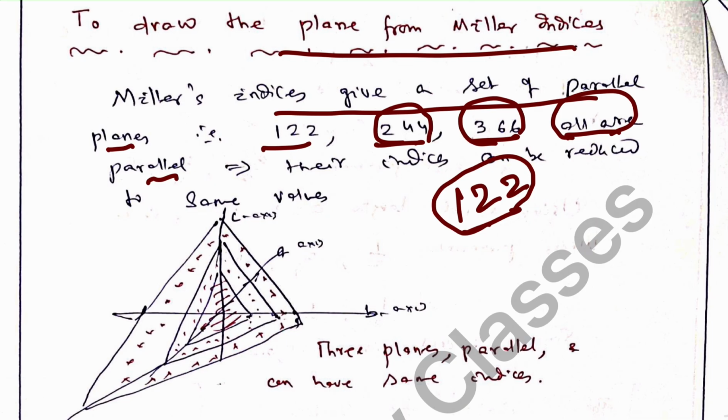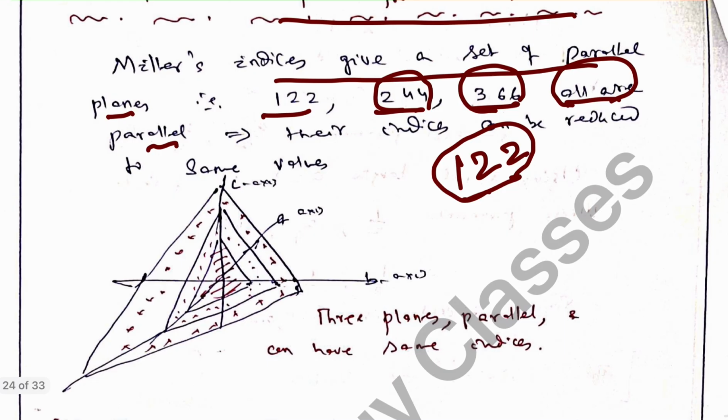So this is a, b and c. The first plane has a 1 unit, b 2 units, c 2 units, that is (1 2 2).